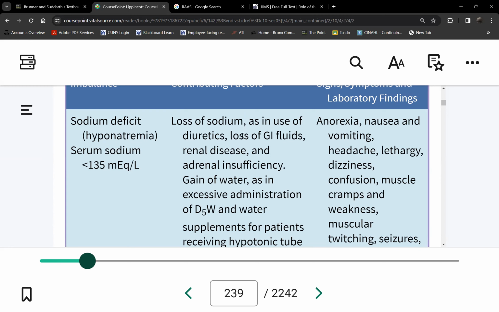Look at the resulting manifestations. If sodium excites cells and it's low, is it exciting the GI tract? What will happen to peristalsis? Will the patient have any appetite? Will they pass any gas? No, as a result, they'll have anorexia, nausea, vomiting. Sodium's low.